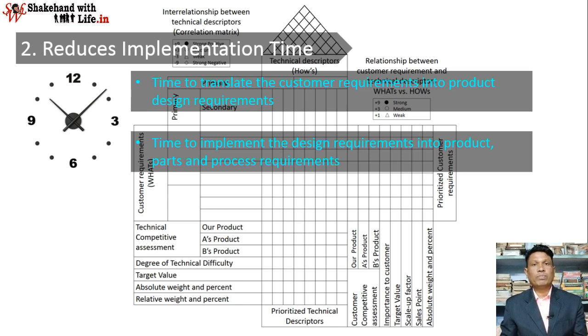The first type of time is for quality deployment, when we translate the customer requirements into product design requirements, and the second type of time is for implementing the design requirements into product parts and process requirements. So this is for functional deployment, right?